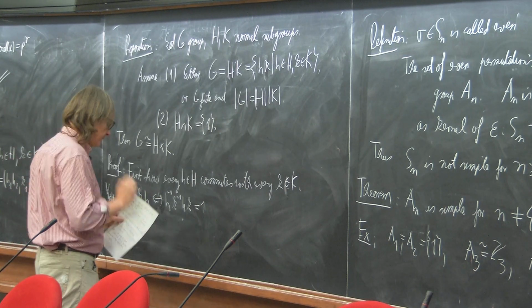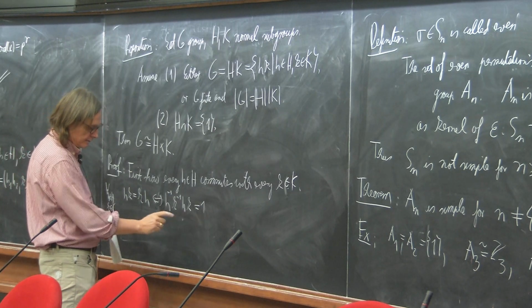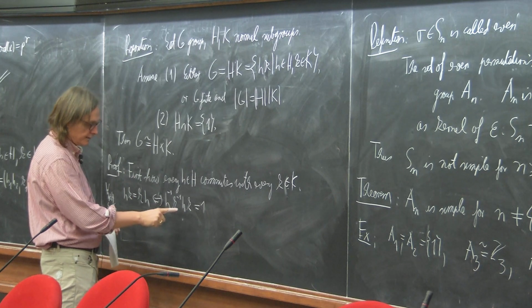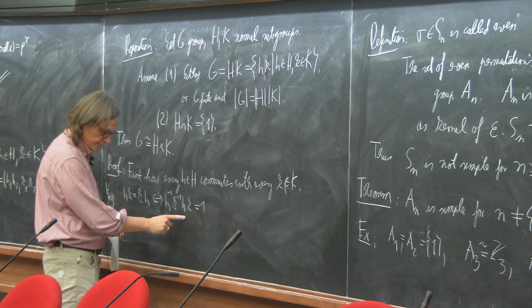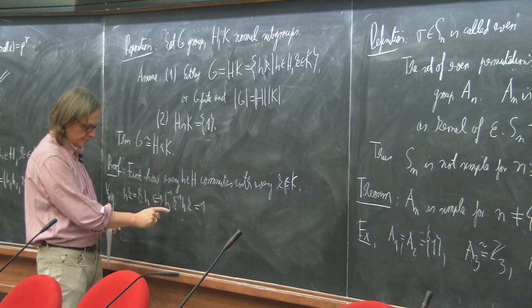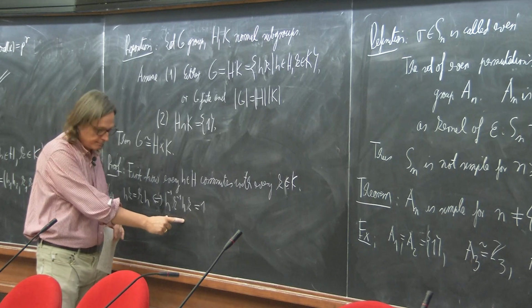And now let's look at this. If we look at it like this, we have h to the minus 1, k to the minus 1, h. This means it's a conjugation, it's k to the minus 1 conjugated by h to the minus 1.